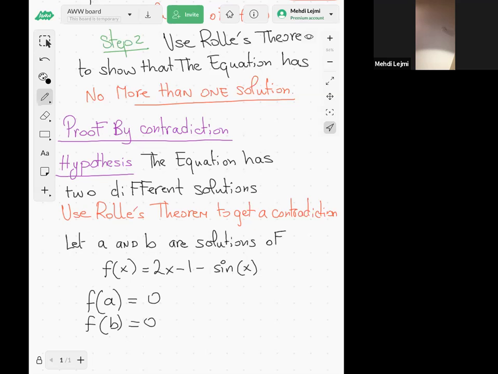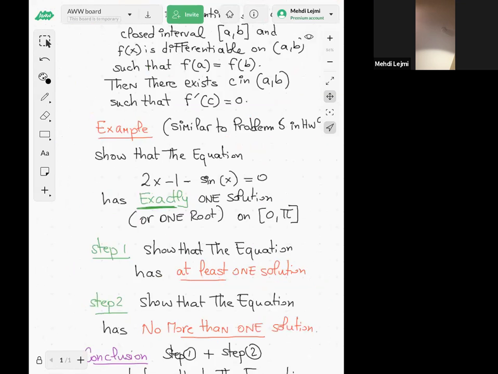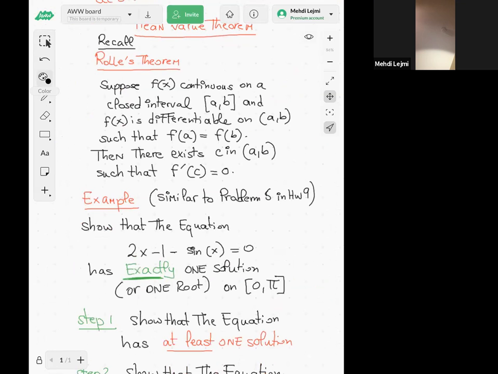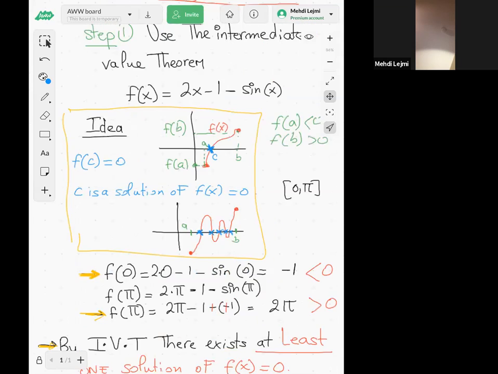Because both are solutions, that's exactly the hypothesis in Rolle's theorem. In Rolle's theorem, remind you guys, we need f to be differentiable and f of a to be equal to f of b. Here both are equal to 0.